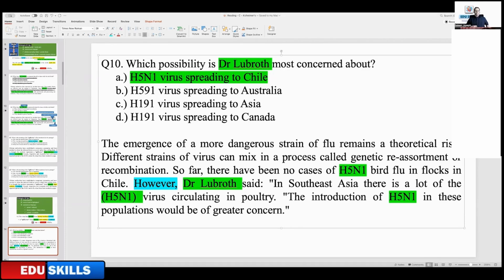But it cannot be H191 there, because the meaning will not be complete. See, now we are saying so far we don't have COVID cases in Kerala. However, the neighboring states have it a lot. So our concern is Kerala may be affected by COVID. Do you get me?